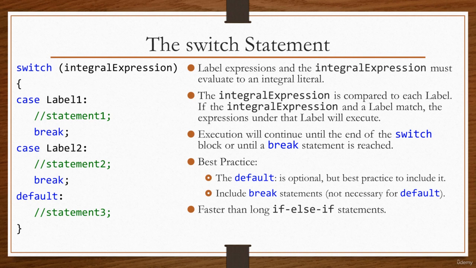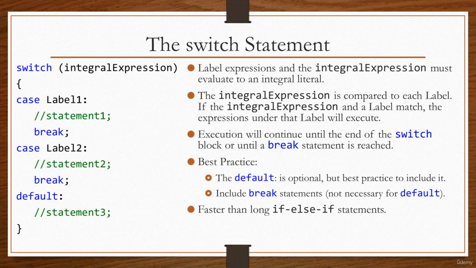Label expressions and the integral expression must evaluate to an integral literal. So you have some integral expression, as opposed to the if-else in the previous lesson, where we had some Boolean expression, one that would evaluate to a Boolean true or false. Now the integral expression is compared to its label, and if the integral expression and some label match, then the statement under that label where the match is found will execute.